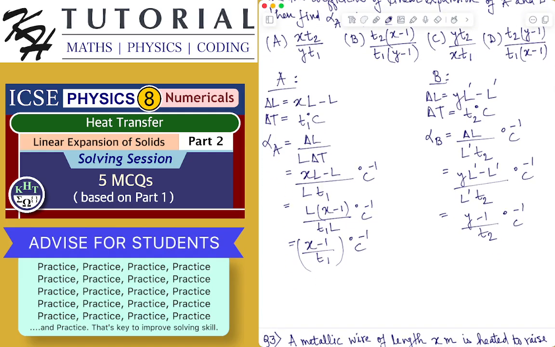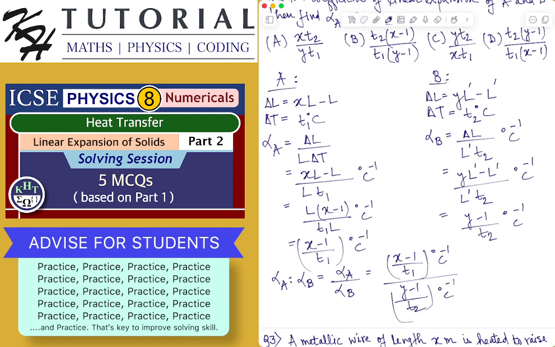So now we can easily find the ratio alpha A to alpha B, which will be equal to alpha A by alpha B. This is equal to (x minus 1) divided by T1 per degree Celsius, divided by (y minus 1) divided by T2 per degree Celsius.